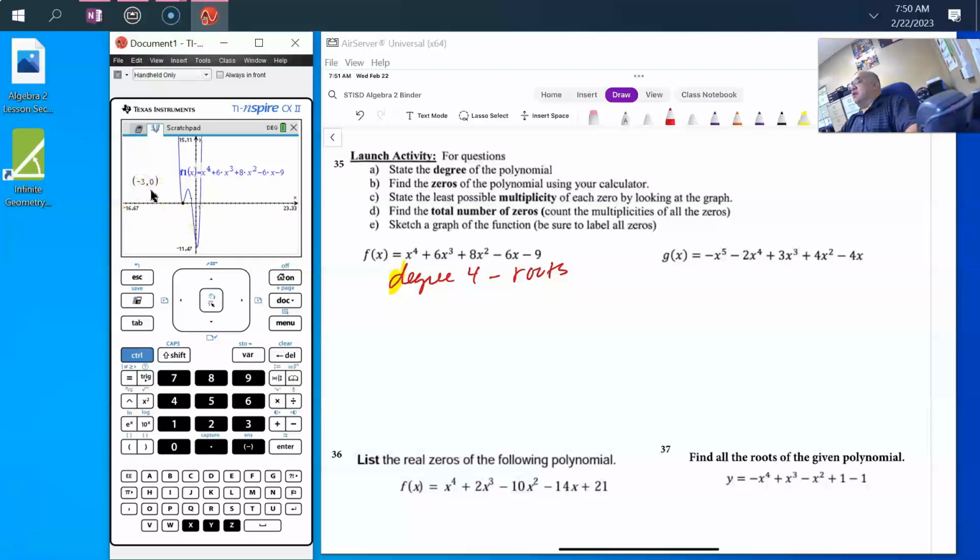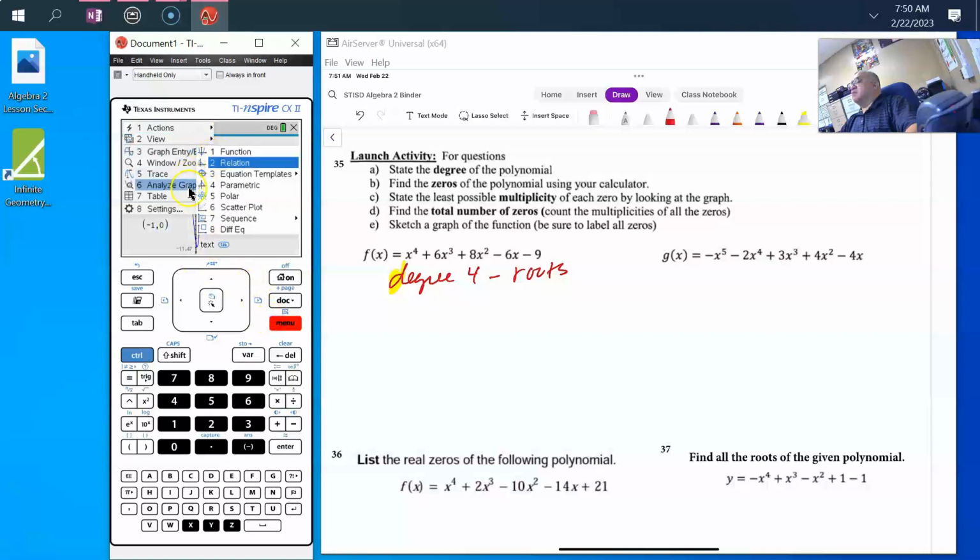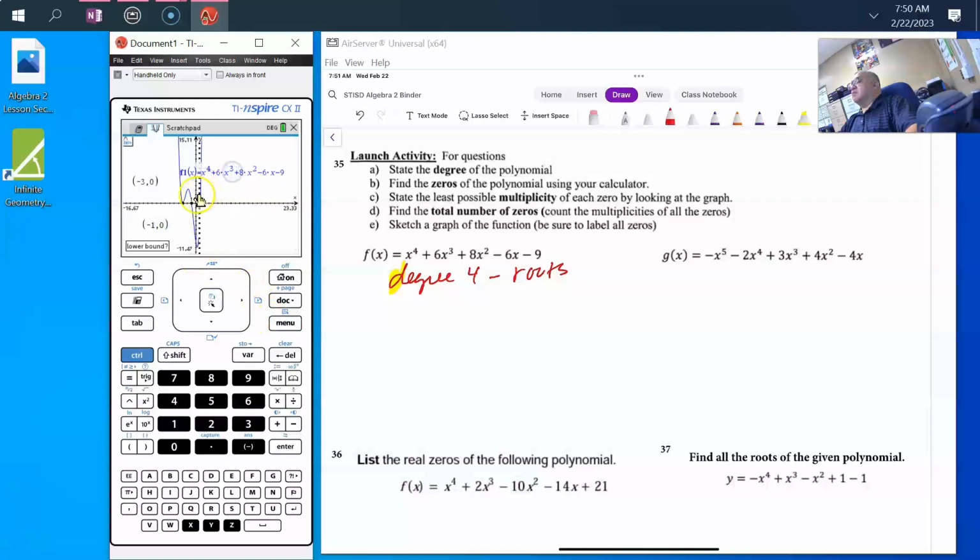So the first zero is -3, 0. The second zero is -1. And the third zero is x equals 1.